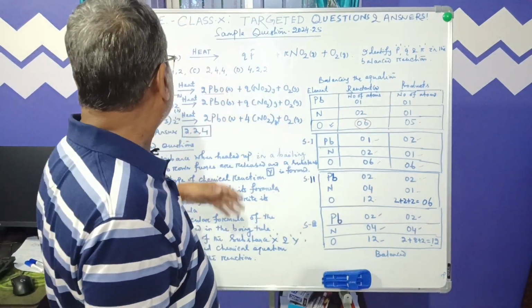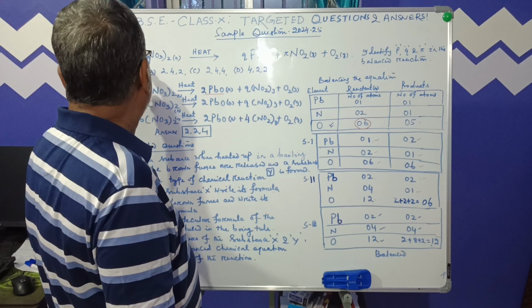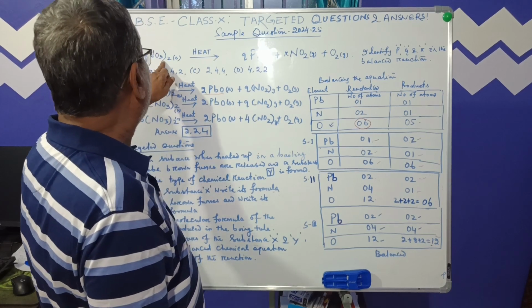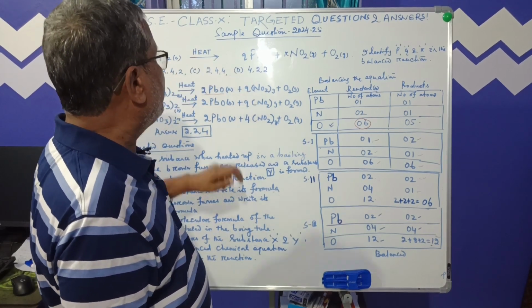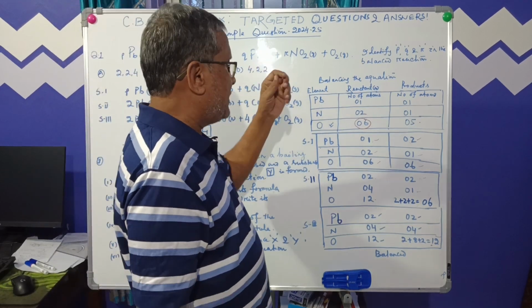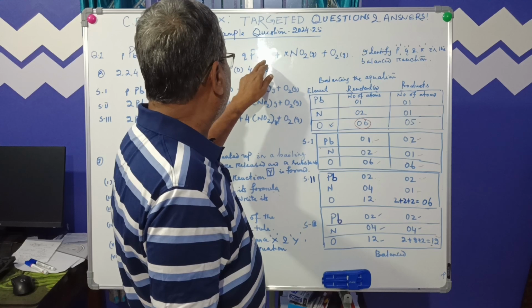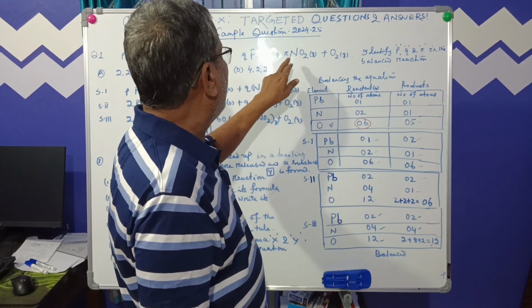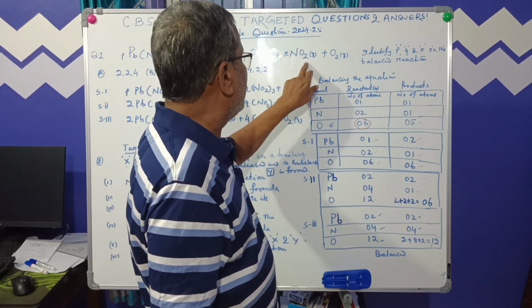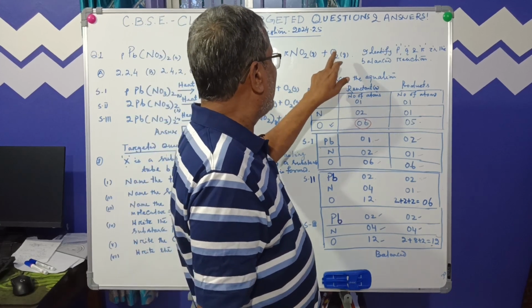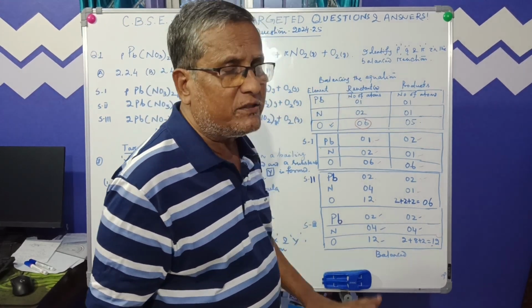The question is like this: P lead nitrate, that is solid, when heated gives out Q lead oxide solid, R nitrogen dioxide gaseous, and oxygen gaseous. Now what's the question?